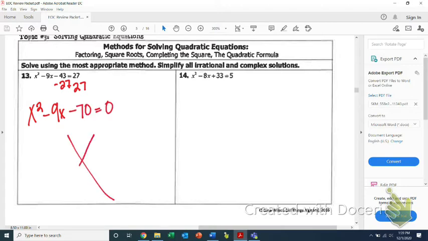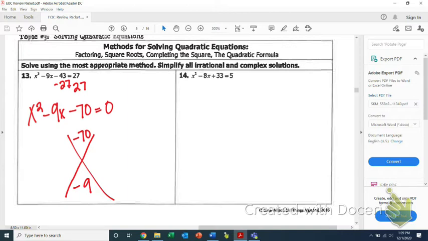We draw this x. And the bottom of our x is negative 9. And the top of our x is negative 70. Okay? This might be a little tricky. Think of things that multiply to 70 besides 7 and 10. Well, do 70 divided by 2. You get 35. Is 35 and 2 anywhere close to negative 9?